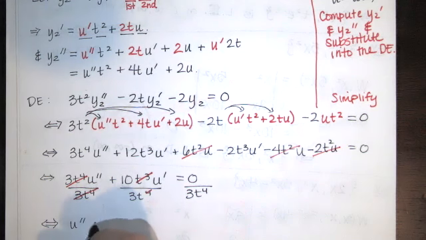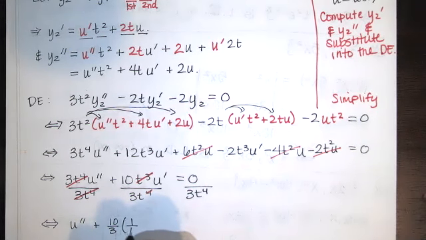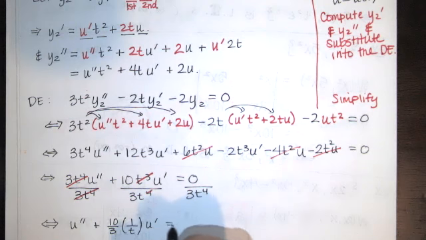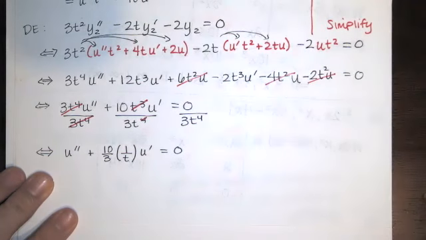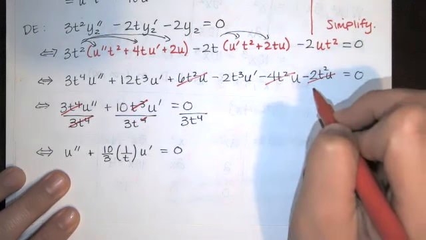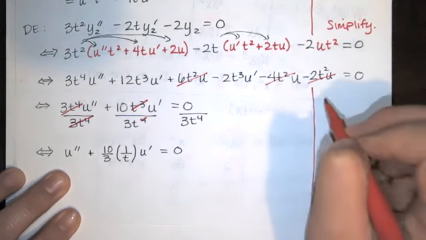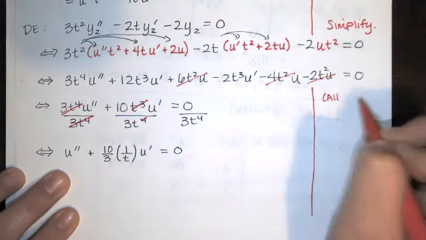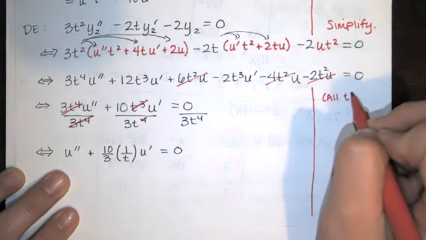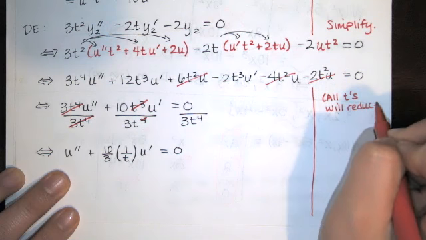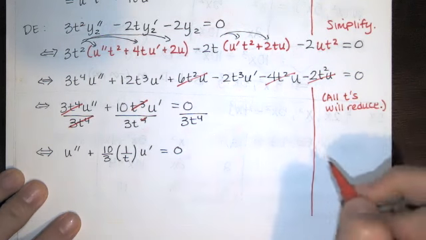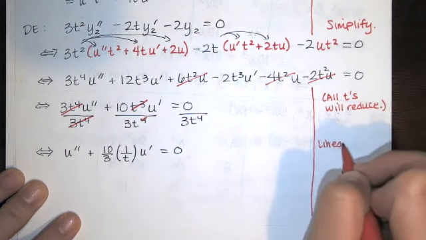So we end up with this. So I've got 10 over 3 times 1 over t times u prime here equals 0. Notice that this is linear in u prime. And I'll make a note on the side here as well. All t's will reduce. And this is linear in u prime.